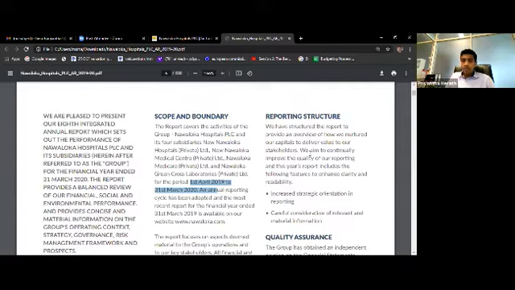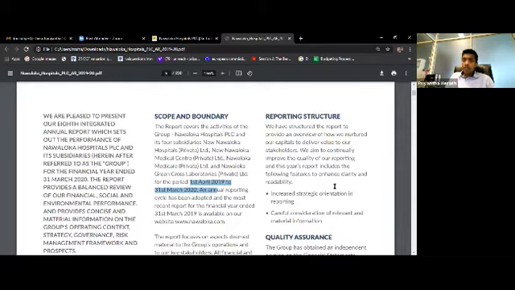It's very important, right? Most of the readers, we don't read these parts. That's why I'm going through this. We aim to continually improve the quality of our reporting, and this year's report includes the following features to enhance clarity and readability, right?